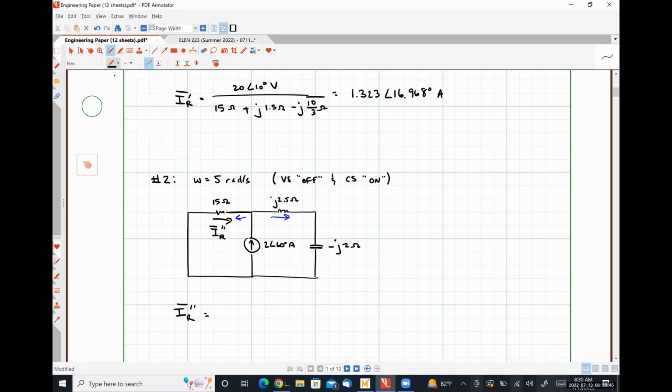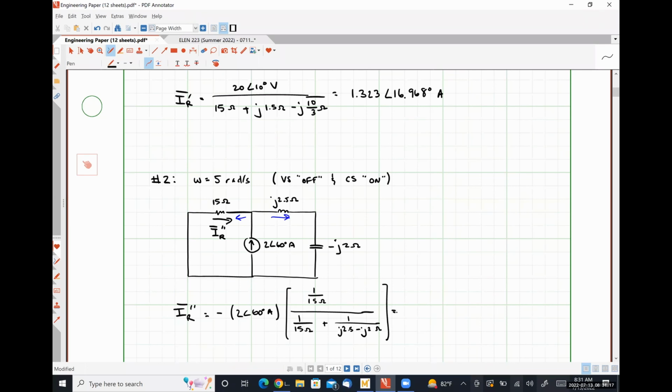Okay. So we're going to have negative 2 angle 60 degrees amps times 1 over 15 ohms divided by 1 over 15 ohms plus 1 over j2.5 minus j2 ohms.